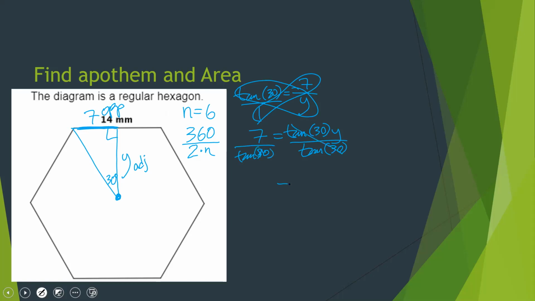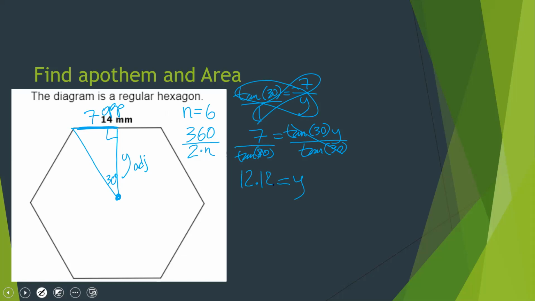That'll cancel. And y is going to equal 12.12. So that's our apothem.